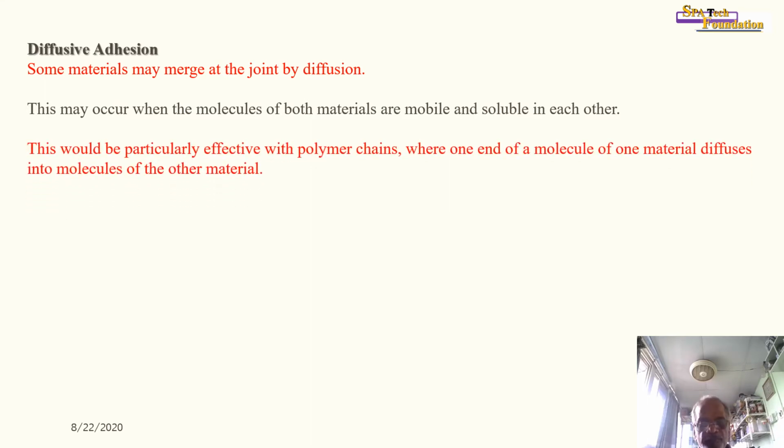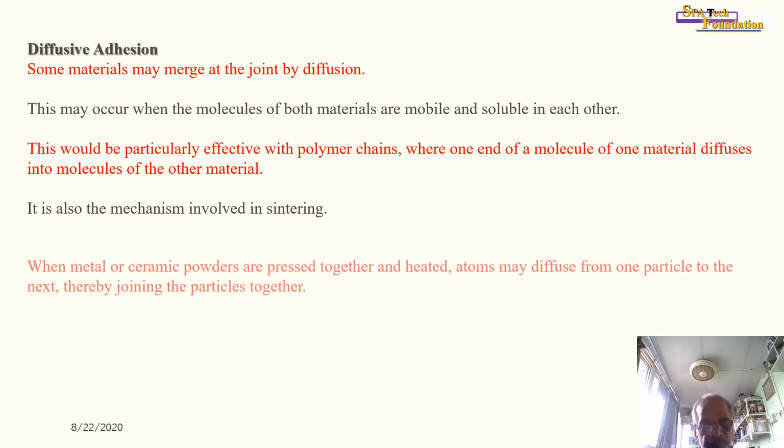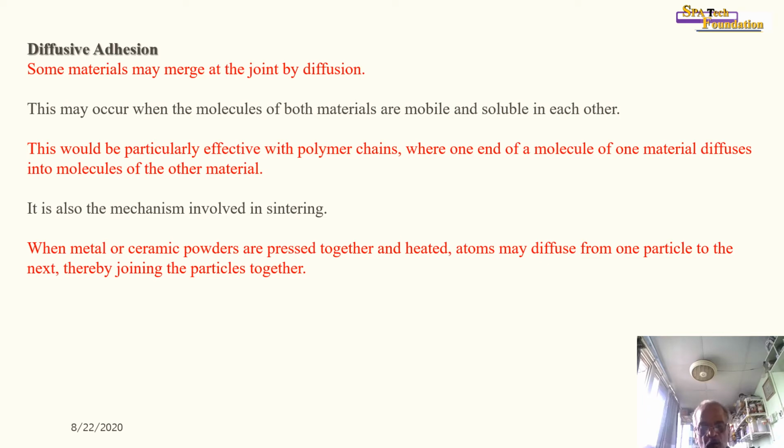This would be particularly effective with polymer chains where one end of a molecule of one material diffuses into molecules of the other material. It is also the mechanism involved in sintering. When metal or ceramic powders are pressed together and heated, atoms may diffuse from one particle to the next, thereby joining the particles together.